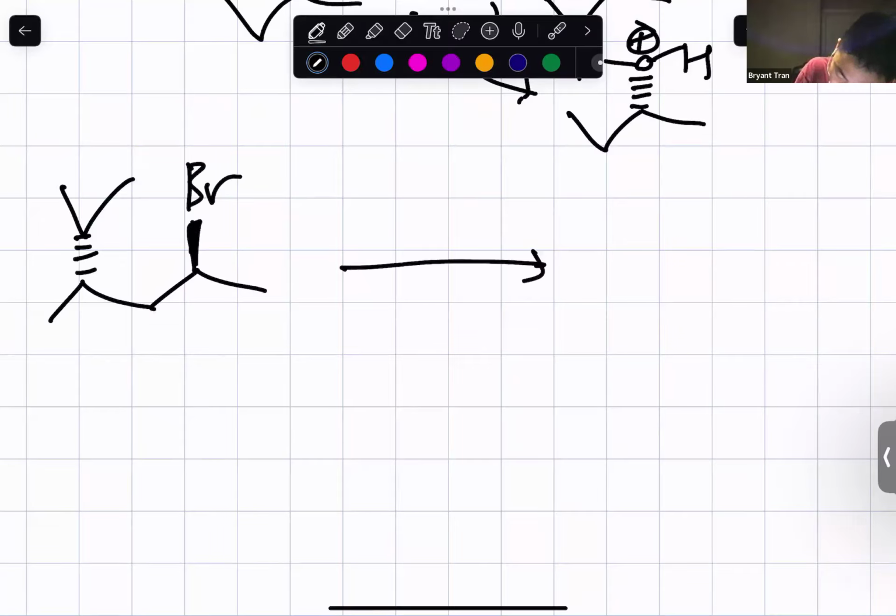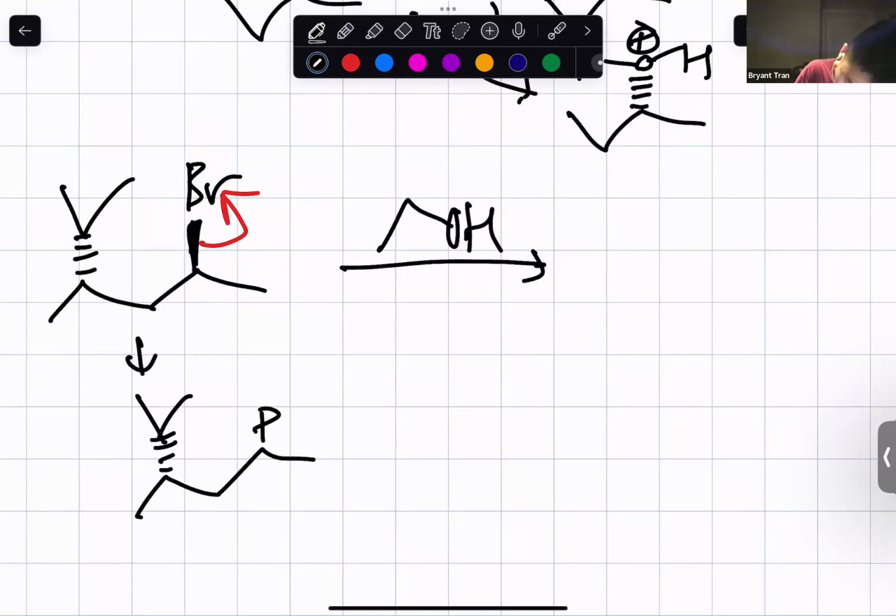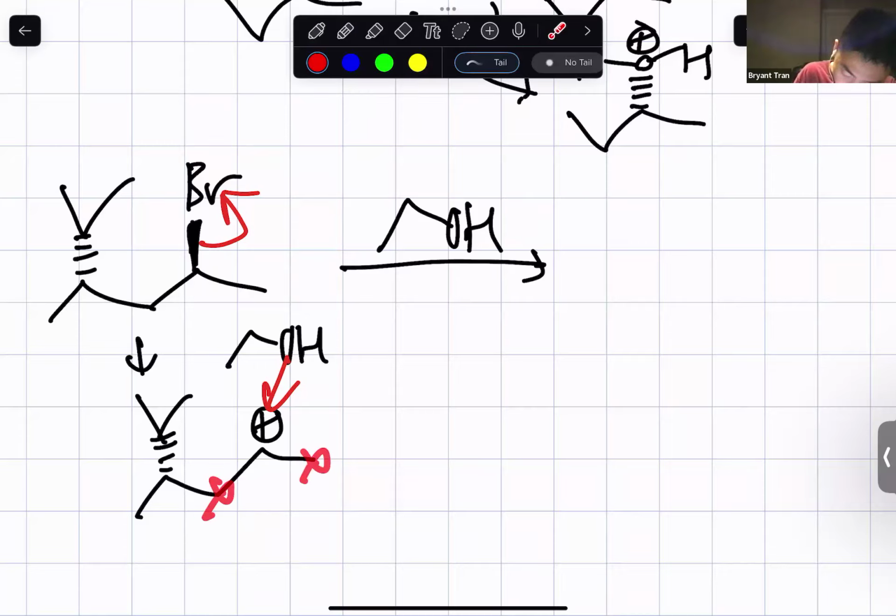Right? And we try to do, let's say, SN1 again. First step, kick out the leaving group, form the carbocation intermediate, and then have the nucleophile attack. Right? We stop and see if there's any hydride methyl shift. This one is not gonna make it better, so there's no hydride methyl shifts here.